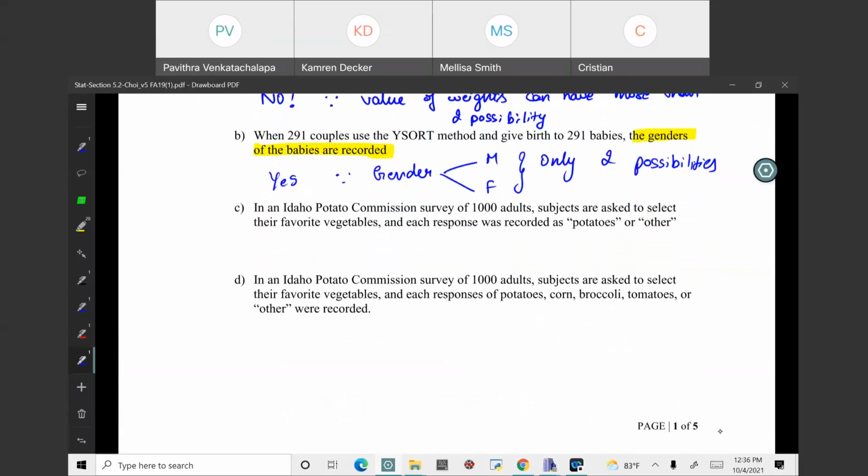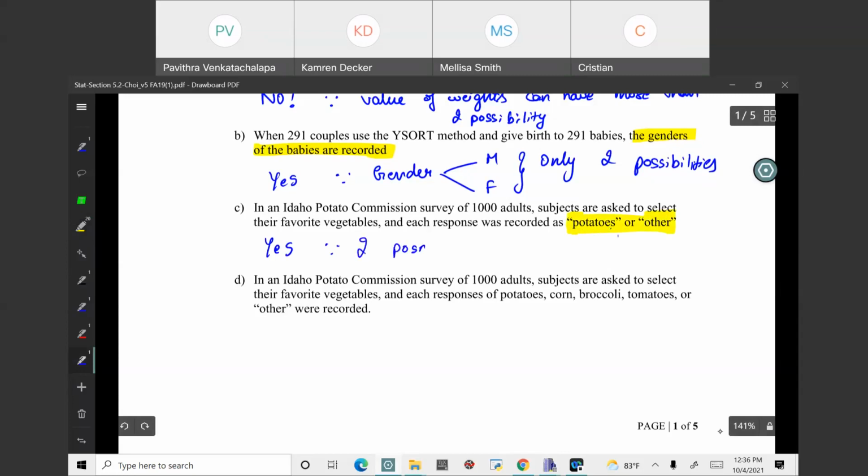Answer from that side. Is this a binomial probability distribution? Yes. Why? Very good. Because of this. It was recorded as potatoes or other. Only two possibilities. So it is yes.